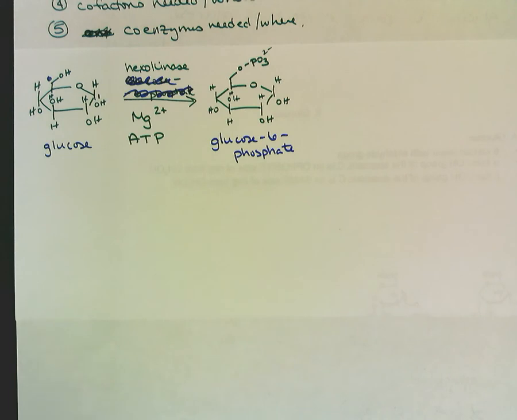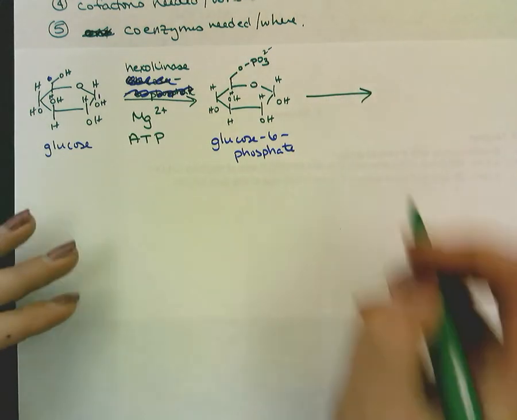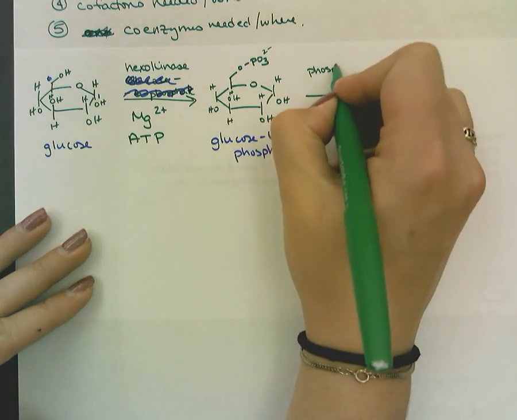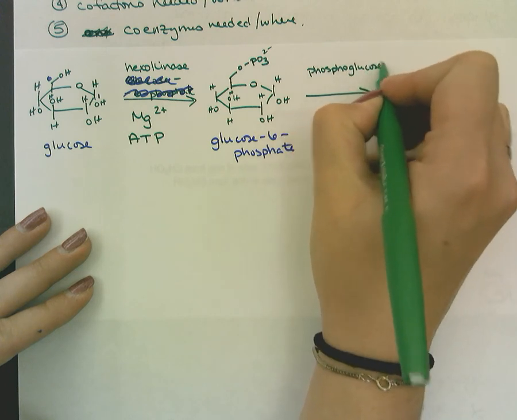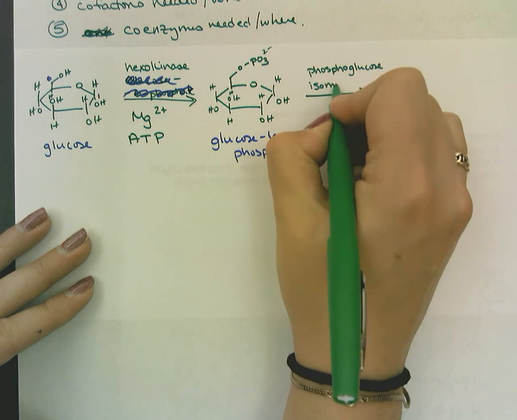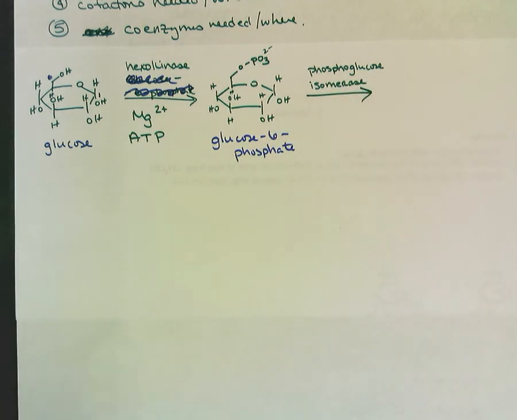So as the name implies, we've now phosphorylated the glucose at the 6th carbon. So now we use the enzyme phosphoglucose isomerase.